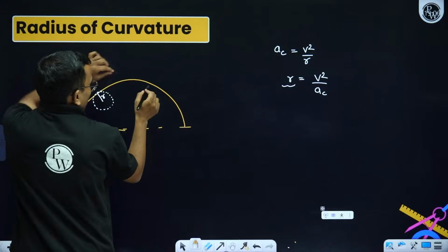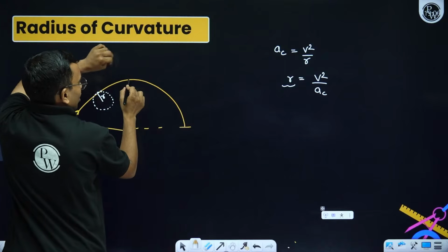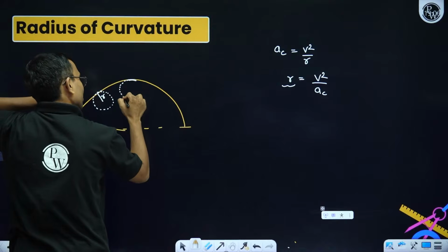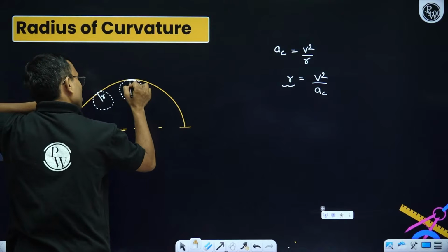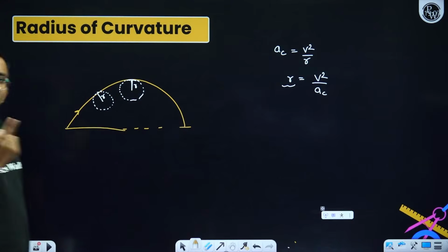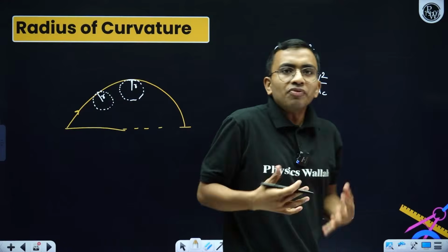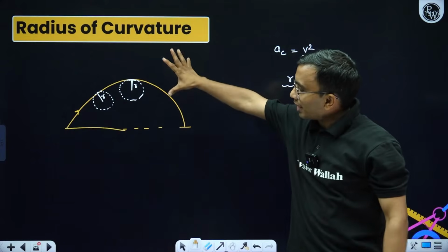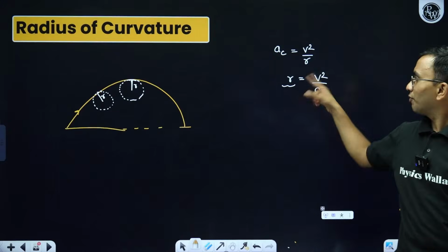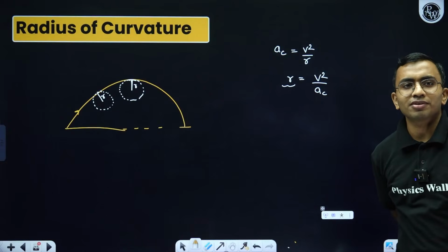Or if you ask what is the radius of curvature at the maximum height? At maximum height, at this point, the circle will be somewhat like this. What will be this radius of curvature? That is being asked. So what we need basically is to find the centripetal acceleration there and write centripetal acceleration as v square by r. From there, r will be your radius of curvature.